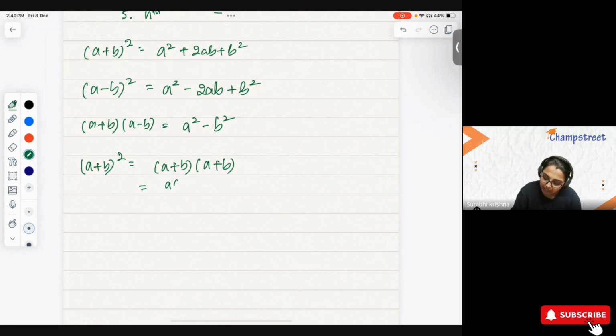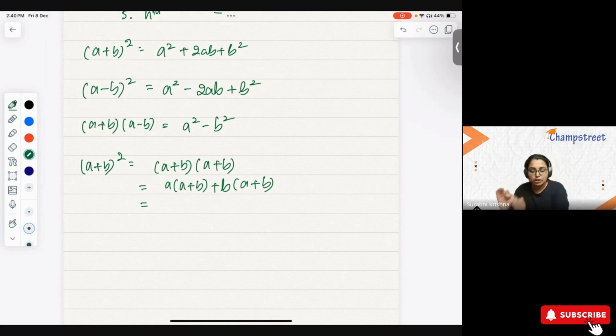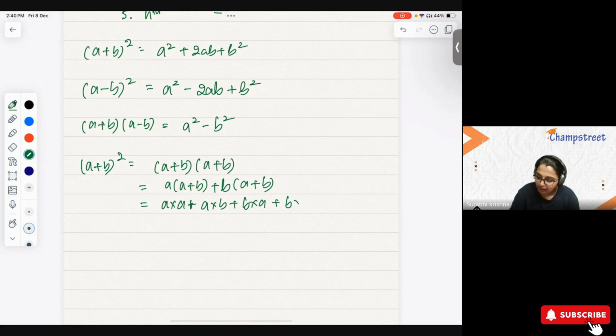So it will be a into a plus b plus b into a plus b. So we have converted binomial into binomial as sum of monomial into binomial plus monomial into binomial. So it is a into a plus a into b plus b into a plus b into b.